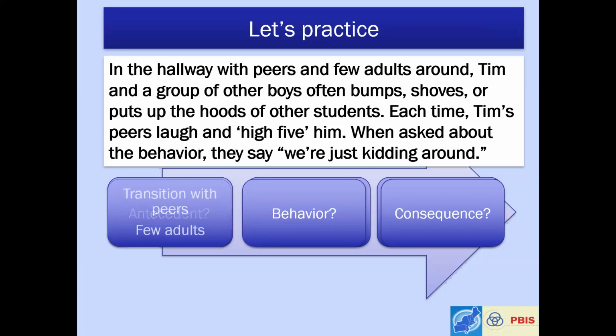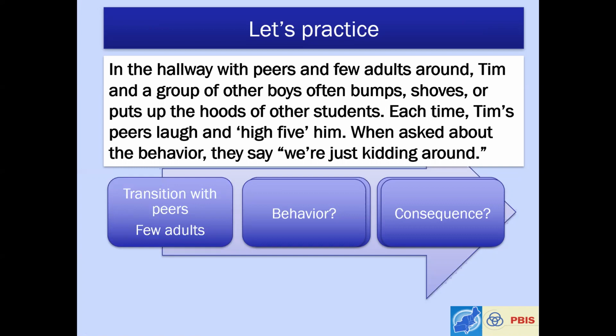So what do you think the antecedent is in this example? Well, I think that they're trying to transition from class to class with a bunch of peers. Sometimes it may even be happening when there are fewer adults in the hallways. That's right. So that tells us what's preceding the behavior. What's the behavior of concern?